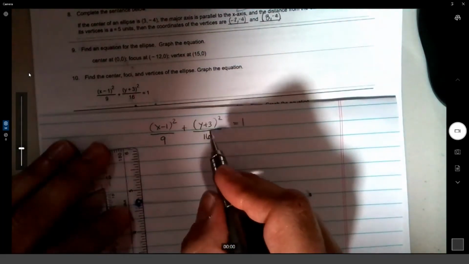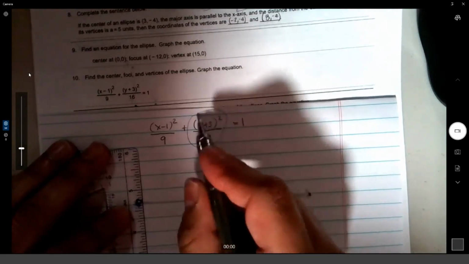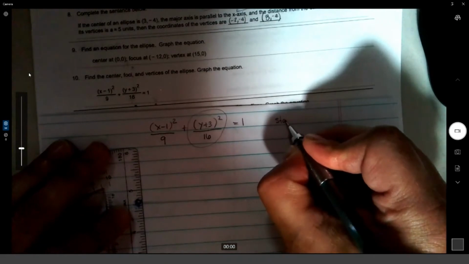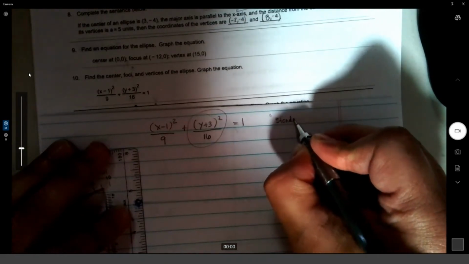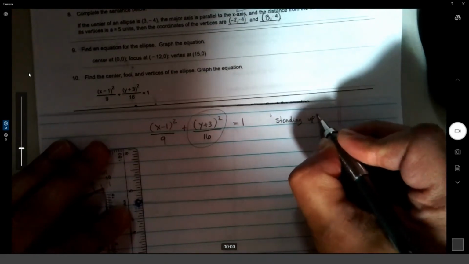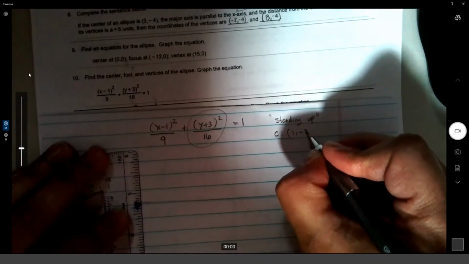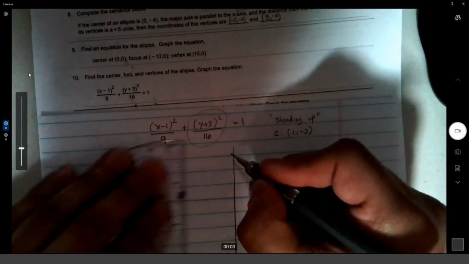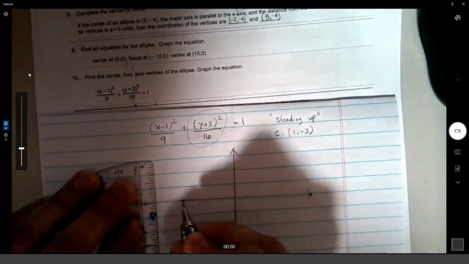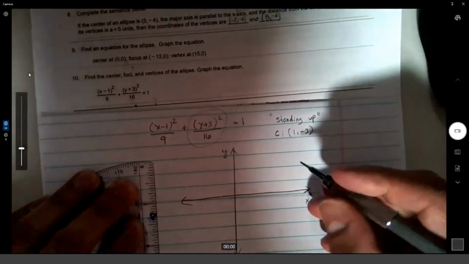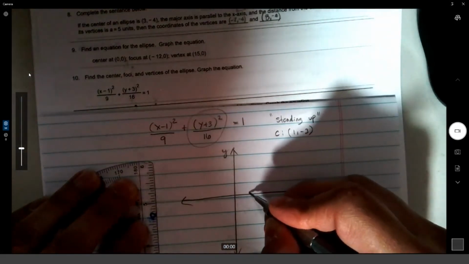I'm noticing that the biggest number is under the y term, so this must be an ellipse that is standing up, whose center is going to be 1, comma negative 3. So I'm just going to put that on a sketch here. X, Y axis. We have 1, negative 3.